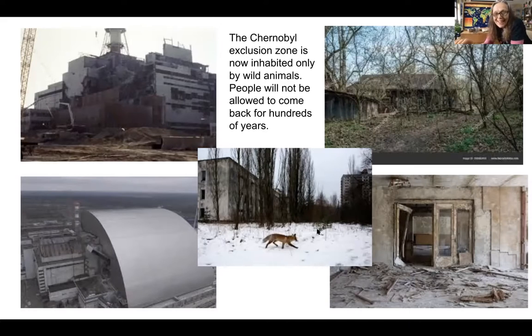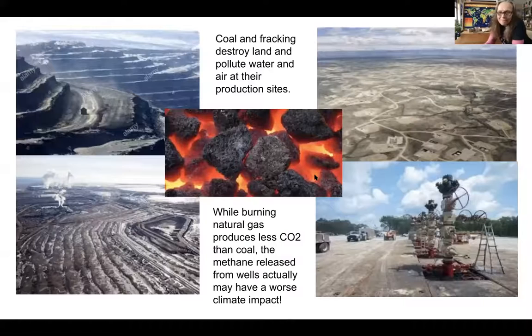They've recolonized the whole area, and it's actually kind of interesting. You can look that up online about the Chernobyl exclusion zone, and tourists even go there these days. So coal and fracking is what we have in Texas, fracking. So these are fracking sites. These are fracking pads. Okay.